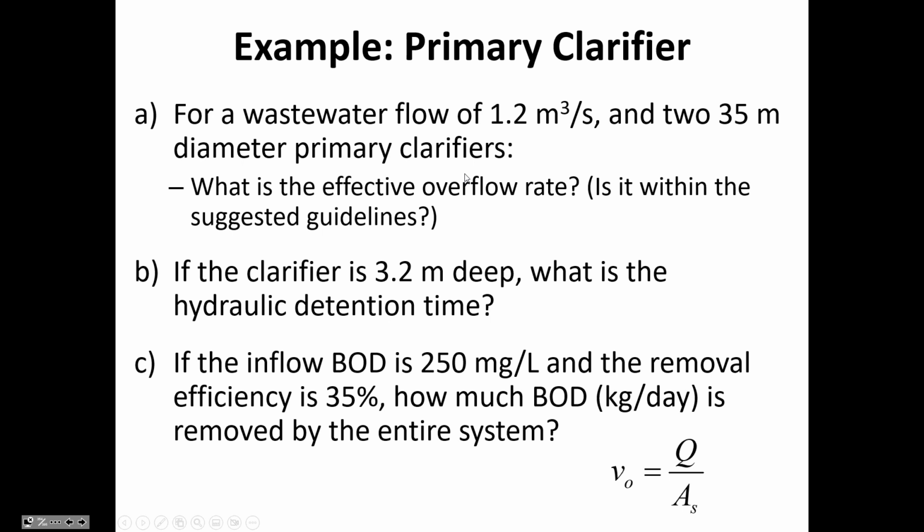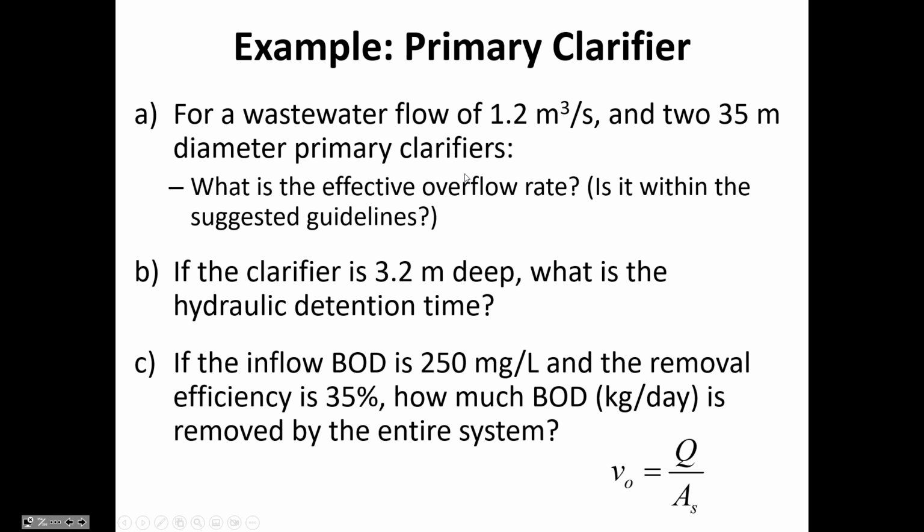So we're going to have some area that we've calculated in part A, and then a depth of 3.2 meters. Okay, so then the volume is area times depth, and the time is going to be the volume divided by the flow rate. And that'll tell us the hydraulic detention time.